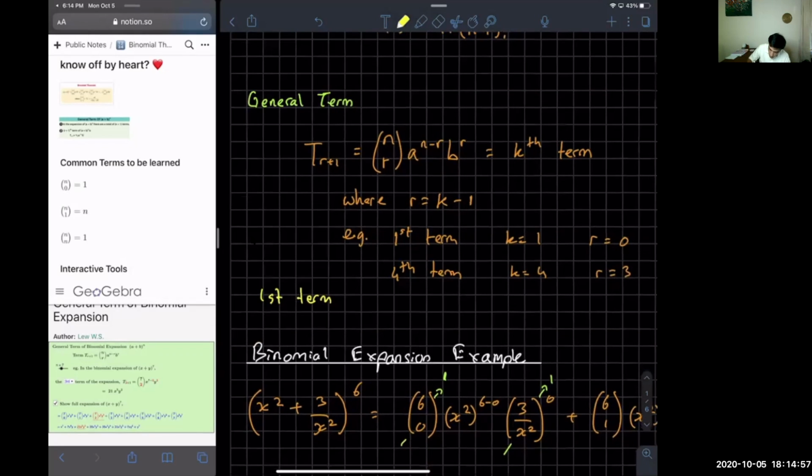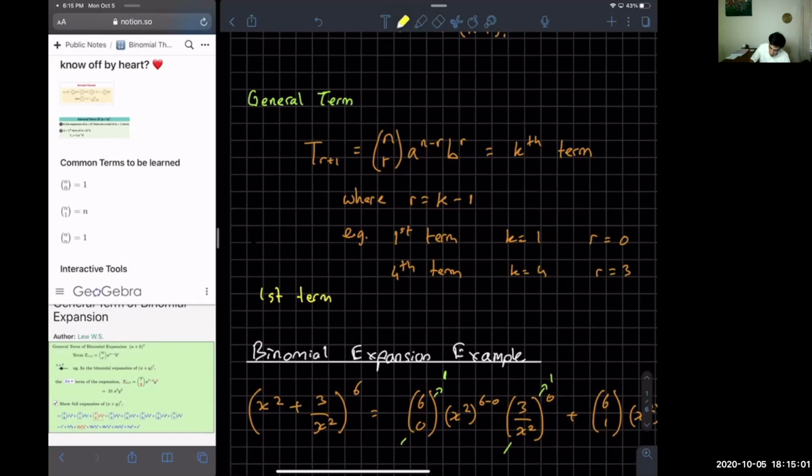If you expand the 1st term, with r equal to 0, you get a to the power n minus 0, and b to the power 0, okay? So the reason they do minus 1 is for this 0 here, because the 1st term has the b term to the 0 power, right?